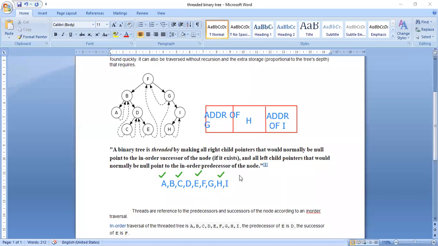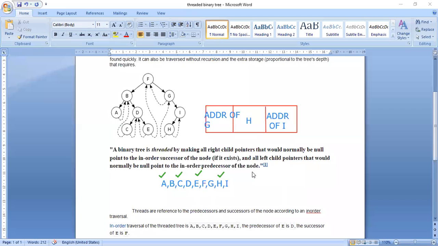So in this way, I will make the general binary search tree into a threaded binary tree. A binary tree is threaded by making all right child pointers that would normally be null point to the in-order successor of the node, and all the left child pointers that would normally be null point to the in-order predecessor of the node.